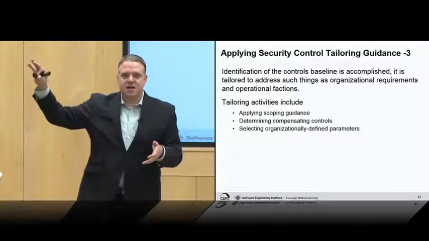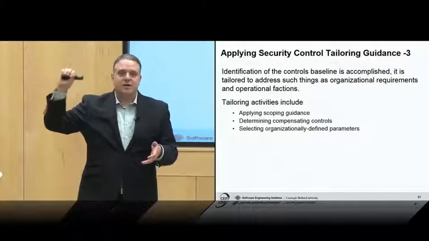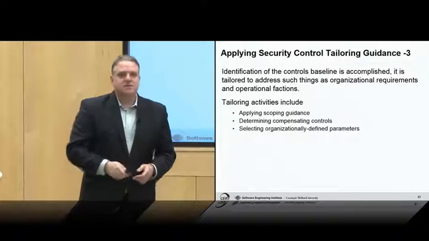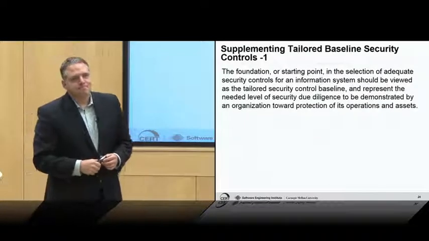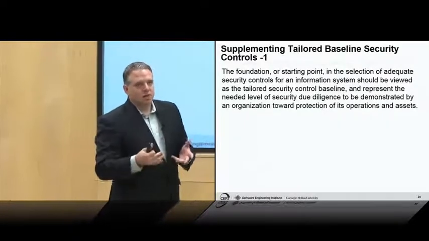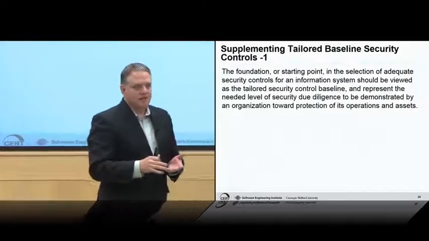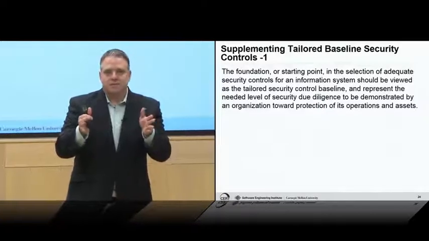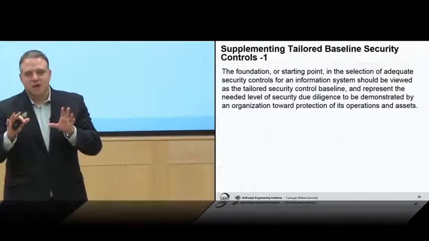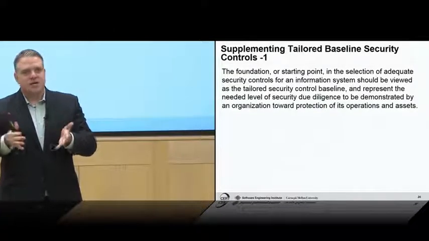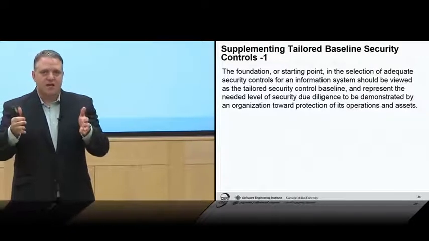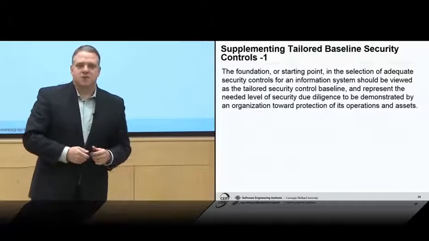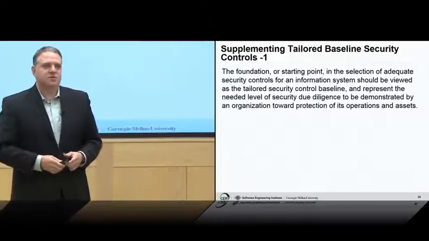I don't have to take the control at face value. I can implement the guidance based on what my organization needs. So the starting point here is, once you select all this, don't view it as 'I've got to do it this way.' Nope. Go back to the tailoring and scoping guidance, which says you can do whatever you need here to achieve the due diligence that you want as part of your organization and risk management.